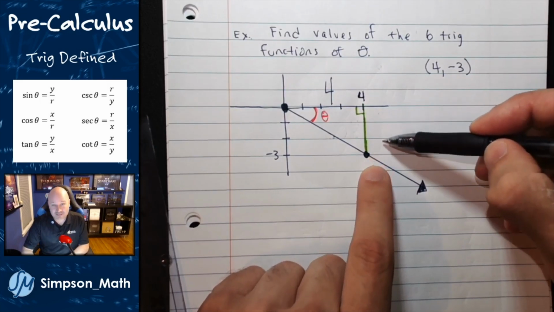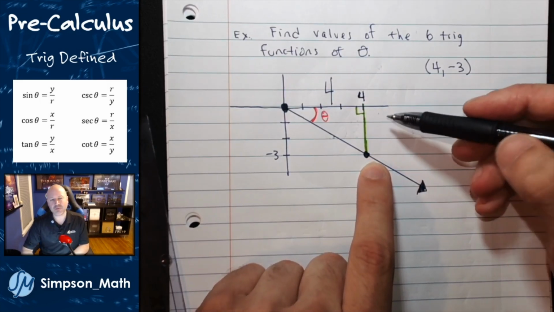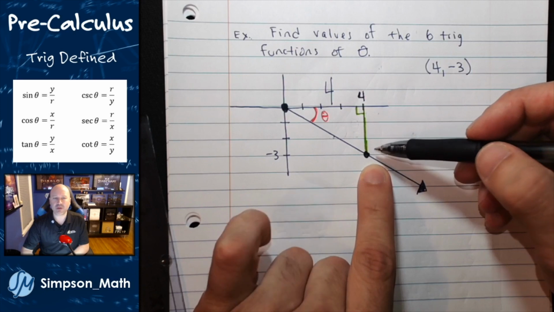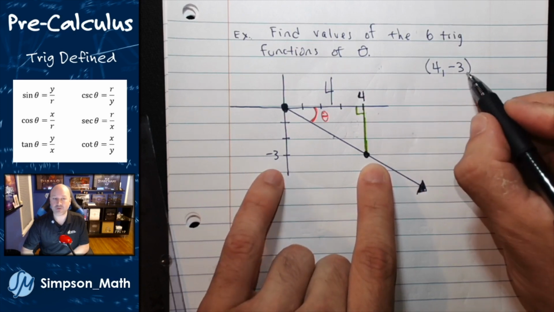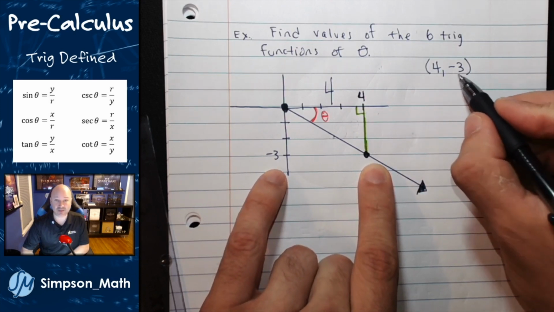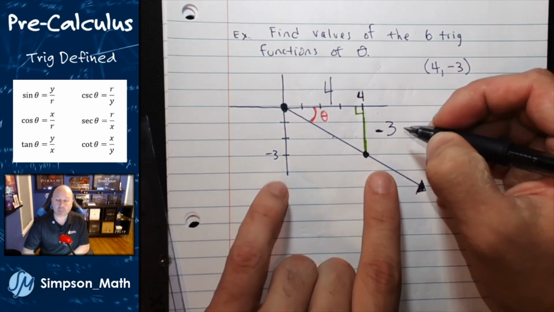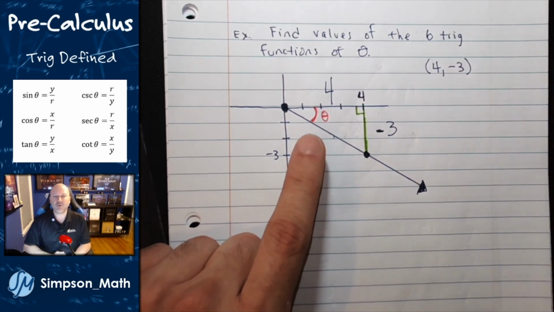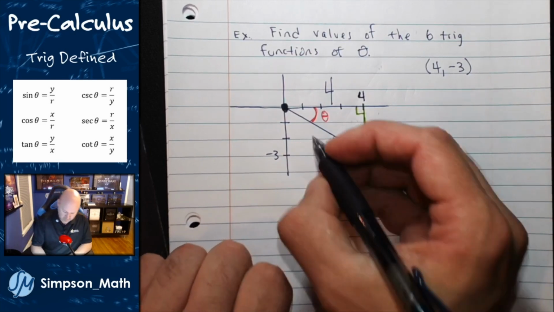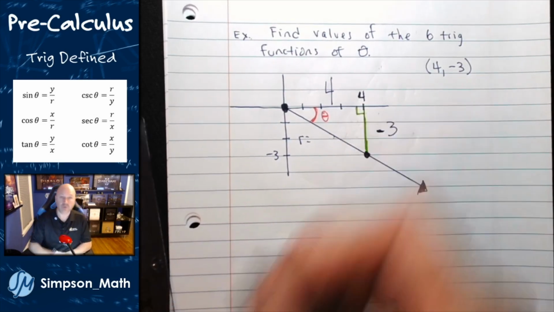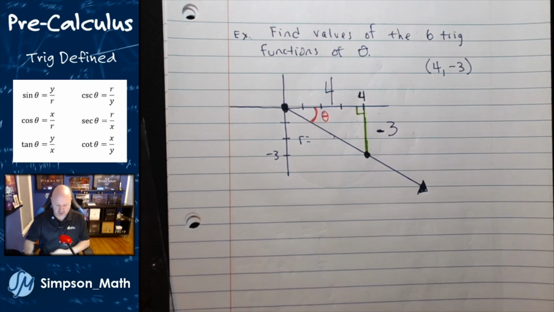The y value, or this height of the triangle, you may want to call it 3, but remember it's the y value. So this y value has a negative associated with it. So the y value here is -3. I still need to know the radius, though. So that's a circle.